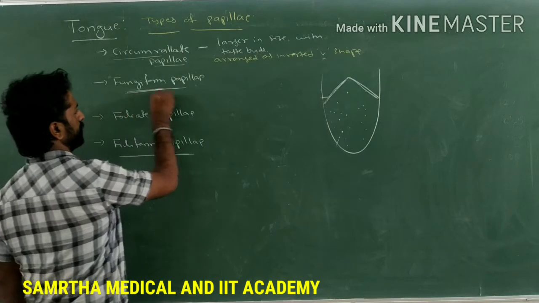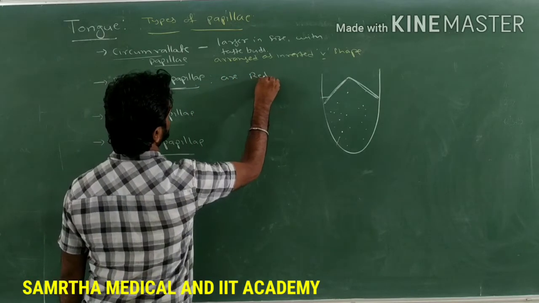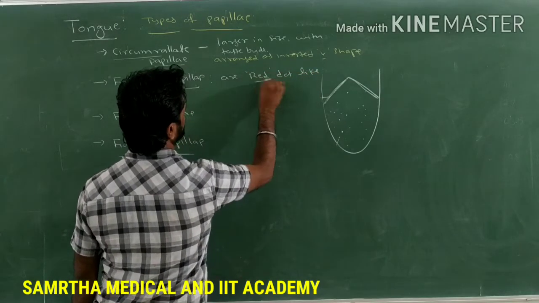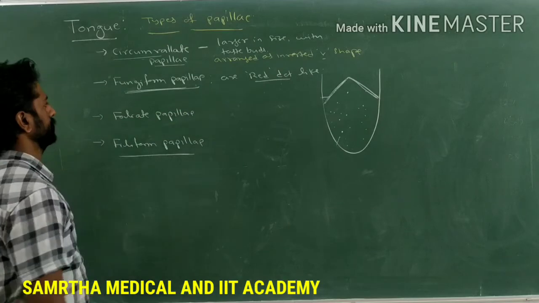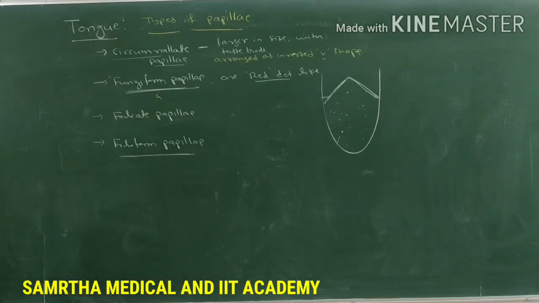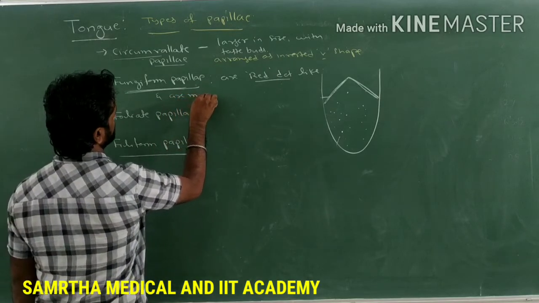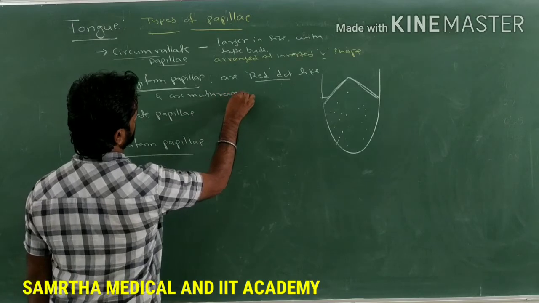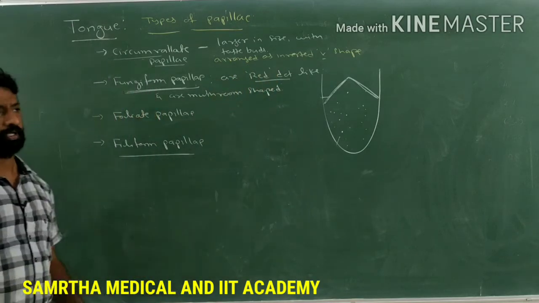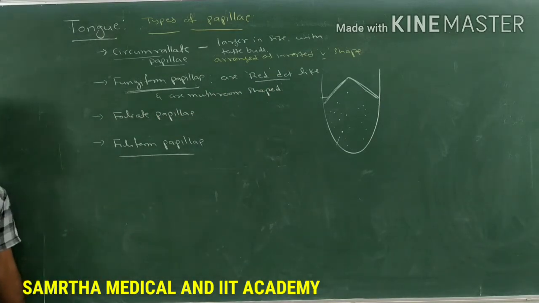Next is fungiform papillae. These are red dot like and mushroom shaped papillae which are uniformly distributed all over the surface of the tongue.